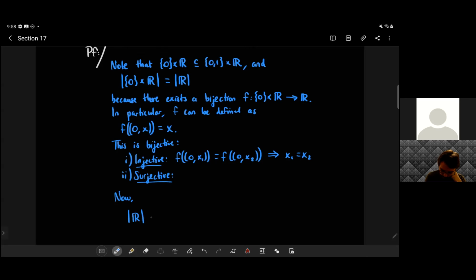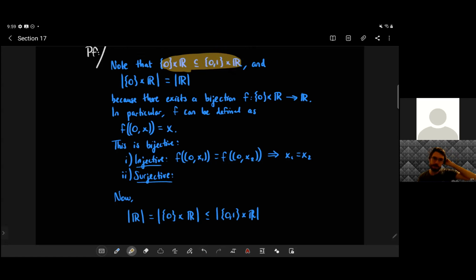R has the same cardinality as {0} cross R. And that cardinality must be less than or equal to the cardinality of the set we were concerned with. That follows from this.